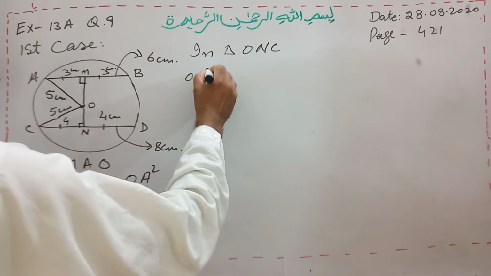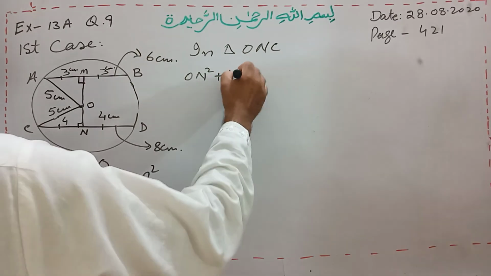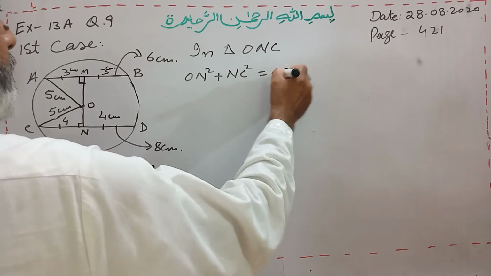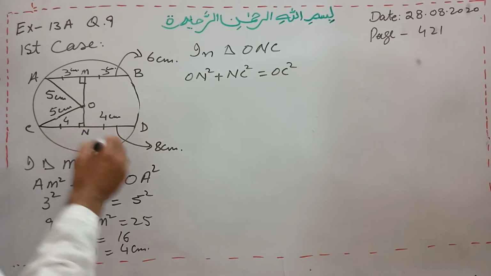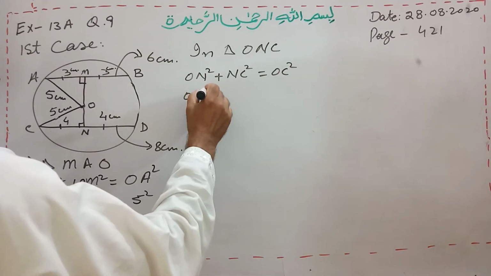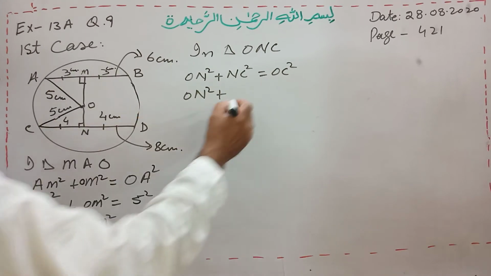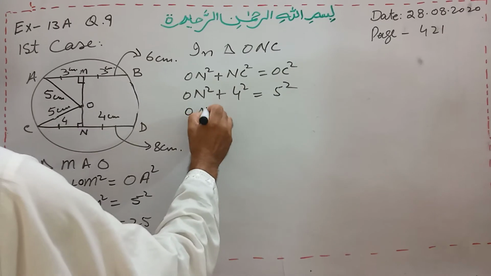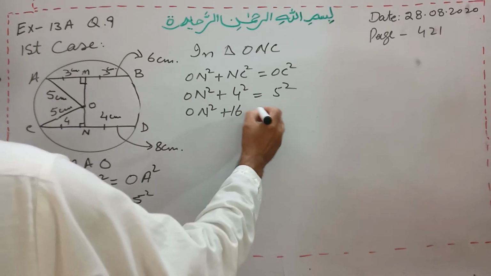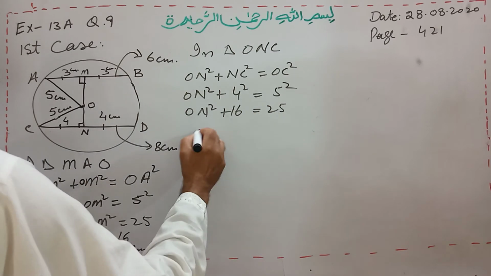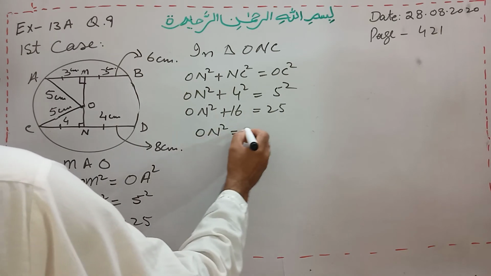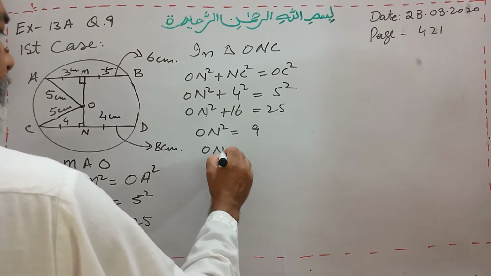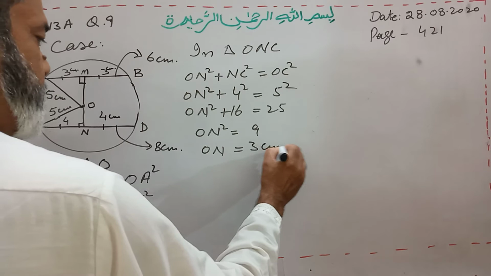ON square plus NC square is equal to OC square. ON is unknown, NC is 4, equal to 5 square. So ON square plus 16 is equal to 25. ON square is equal to 25 minus 16, 9, and ON is equal to 3 centimeters.